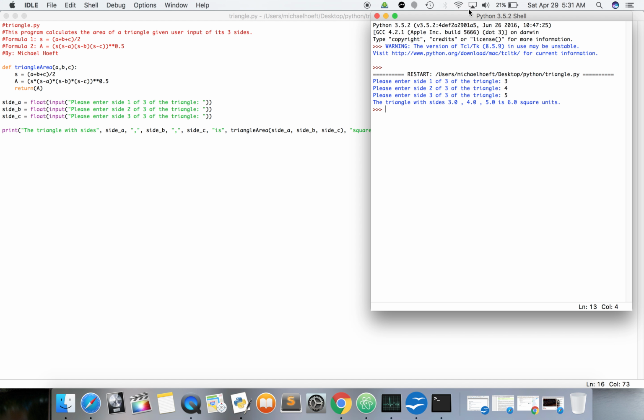So triangle area, it's returning A. So A should be, let's just try it. A should be 12 times, so S minus A, 12 minus 3, right, times 12 minus 4, times 12 minus 5.